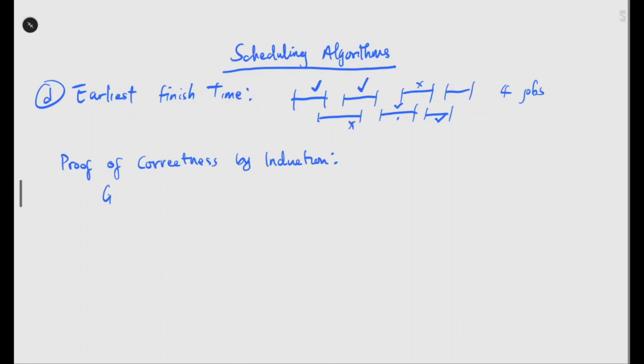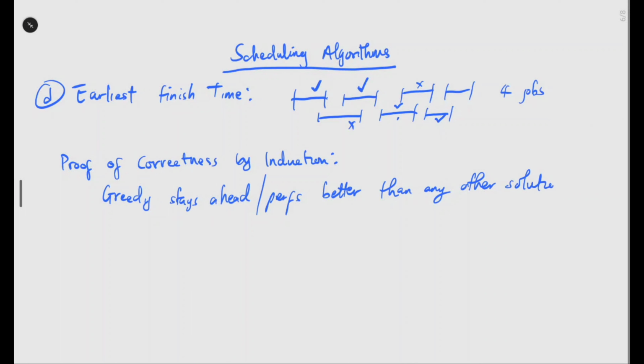So we want to prove that greedy performs better, or let's say stays ahead, or performs better than any other solution. That's everything we want to see in this proof.